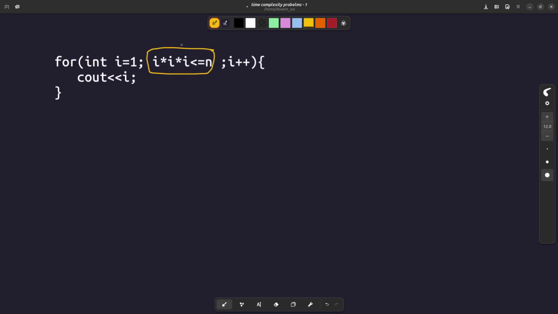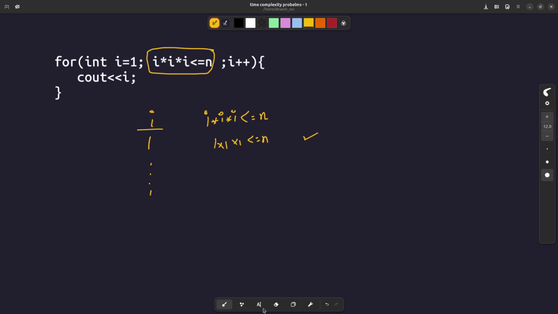One thing you can do is trace it: i = 1, and for the condition, each time we calculate 1 * 1. Is this less than or equal to n? Yes. Then you proceed with the loop, and you keep doing this. This can work, but it ends up being lengthy and very calculation intensive.